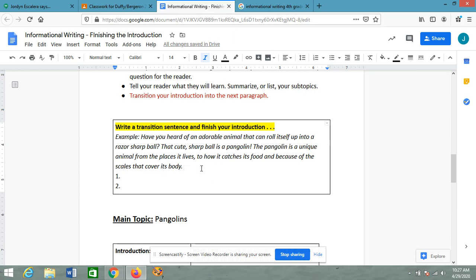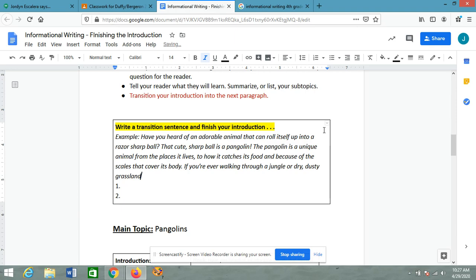Ooh, how about I could say, so if you're ever walking through a jungle or dry, dusty grassland, you see a ball, don't kick it.